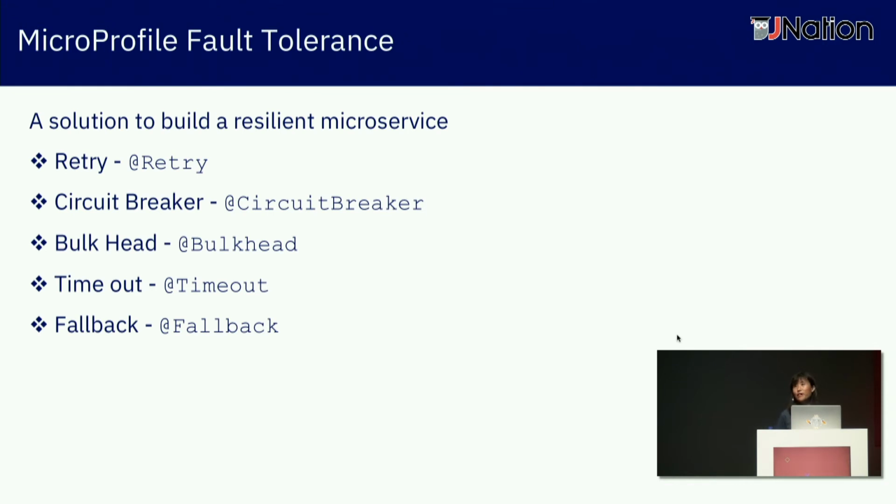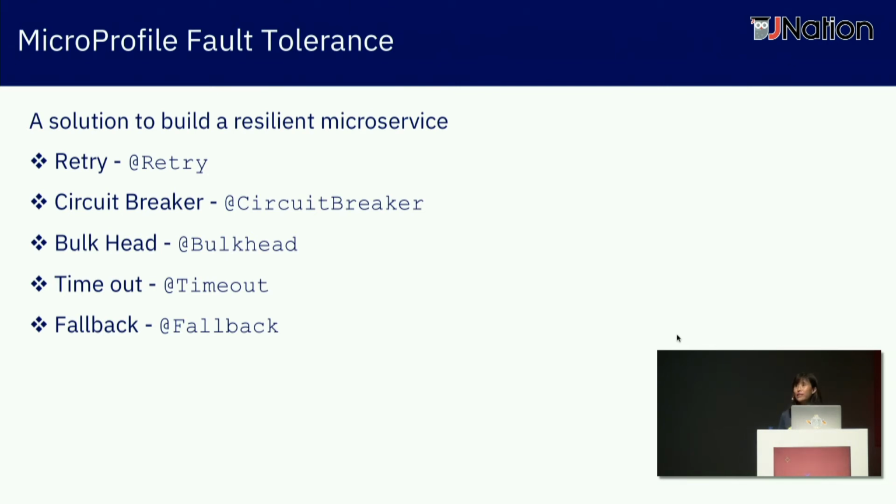So the fault tolerance is very simple. It's basically annotation based. We have this annotation Retry, so basically try again if it failed. And the Circuit Breaker, if there are repeatable failures with the configured criteria, the circuit will be tripped open, and then you will get an exception straight away instead of waiting for the timeout.